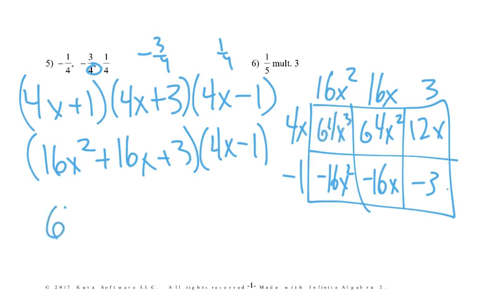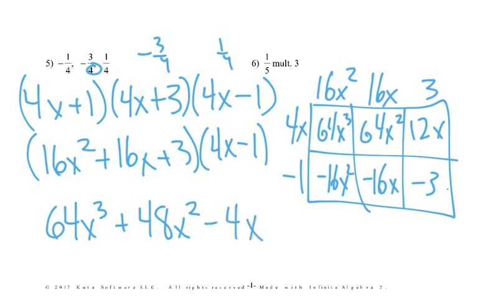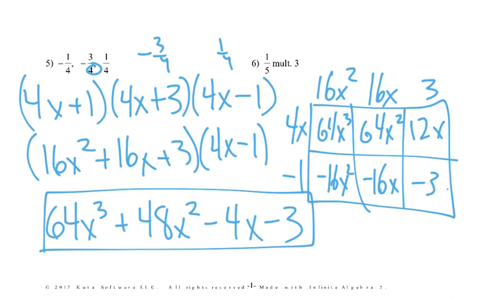So then combining like terms, 64x cubed, then 64 minus 16 would be 48, so plus 48x squared. 12 minus 16 would be minus 4x minus 3. And there's number 5. So still works out.